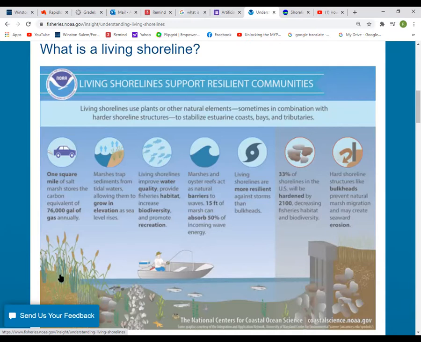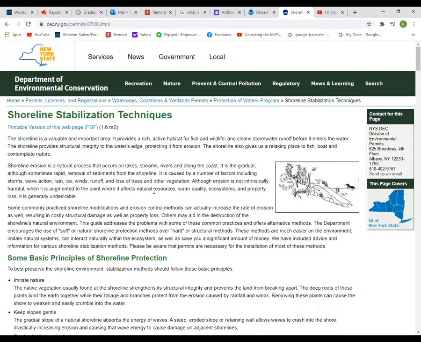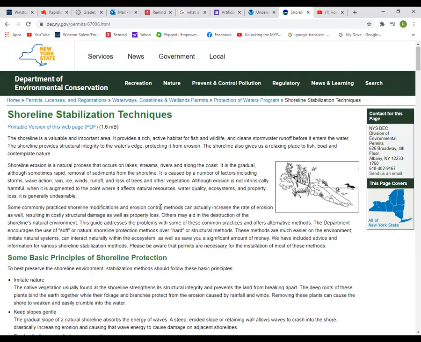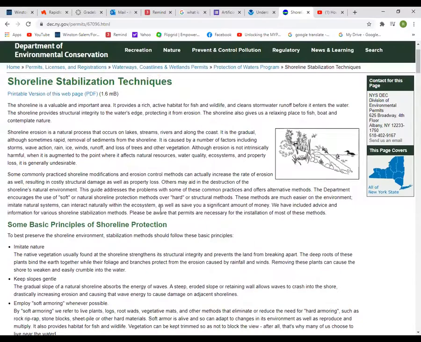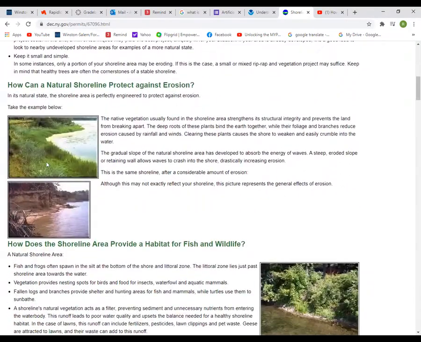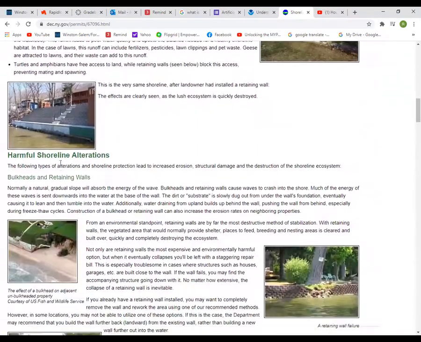Merely comparing this and this would show you that this one provides more benefit for the different wildlife, both plants and animals, to thrive in this area than this one. So there are different shoreline stabilization techniques being employed, and you can learn more about them in this website, and some of them are here.